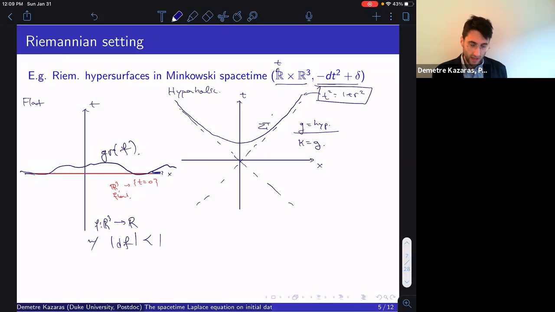Now, the induced metric here turns out to be the hyperbolic metric, the metric with constant sectional curvature -1. And the second fundamental form of this hyperboloid is equal to g itself. So it is an umbilic hypersurface of Minkowski. Okay, these are fundamental examples.